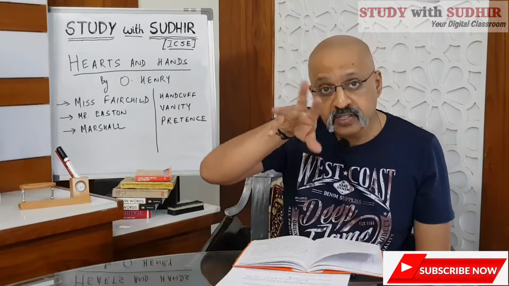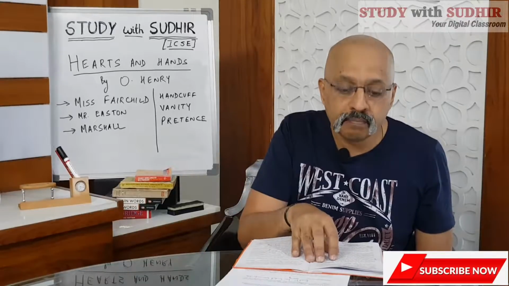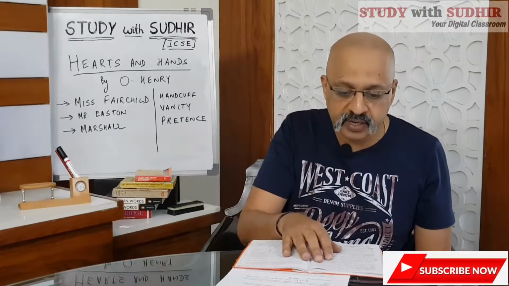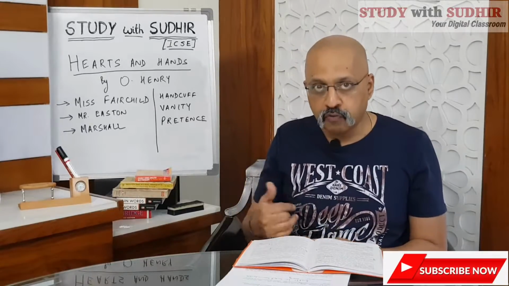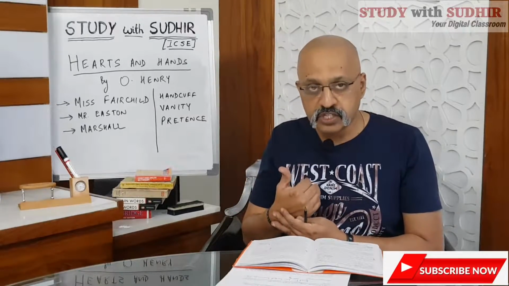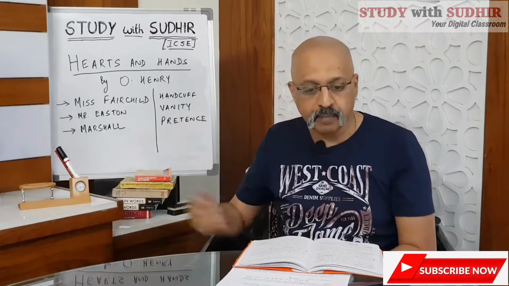So the handcuff is in a slightly sarcastic manner referred to by O. Henry as a bracelet, as a shining bracelet, to the left one of his companion. So the right one of Easton is tied with the handcuff to the left hand of his companion.